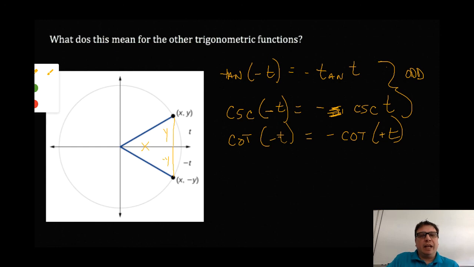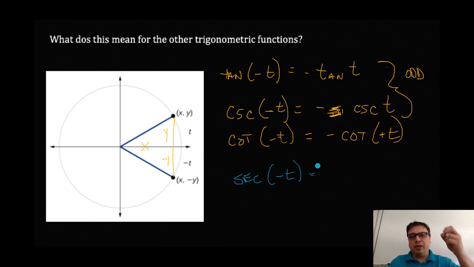Now, if I look at the reciprocal function of cosine, and cosine was even, the reciprocal function of cosine is secant. So secant was the reciprocal of cosine. So that means that secant is also going to be even. Okay.